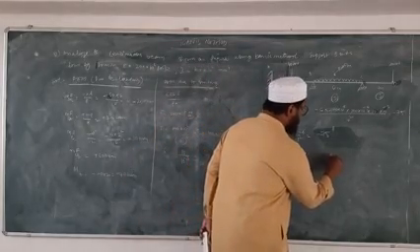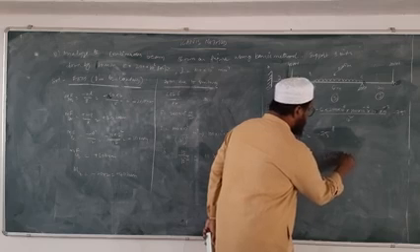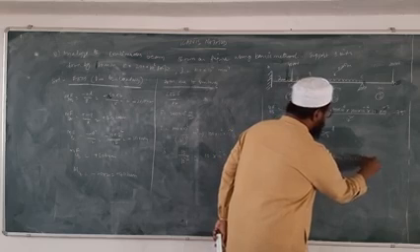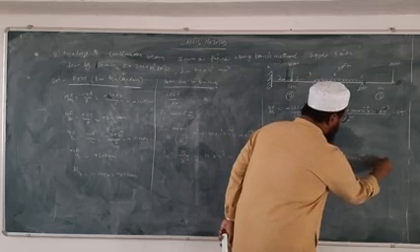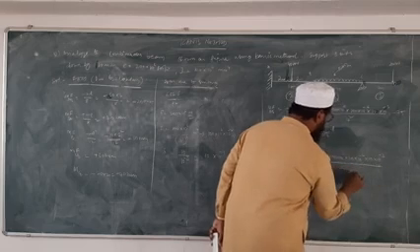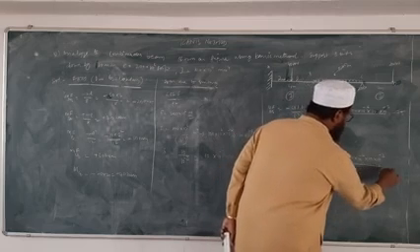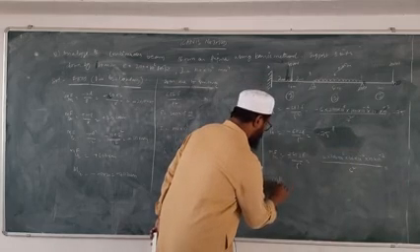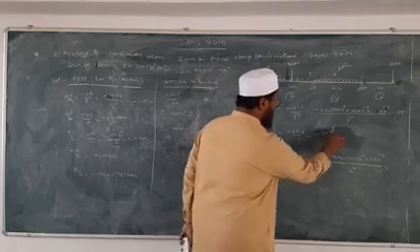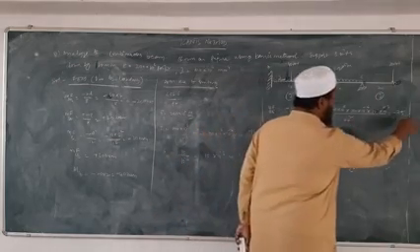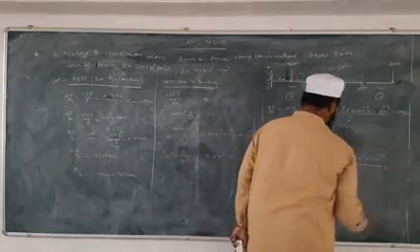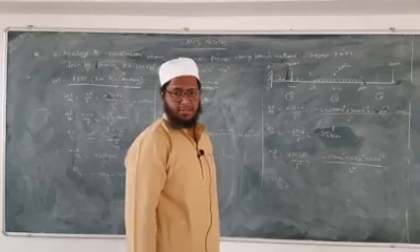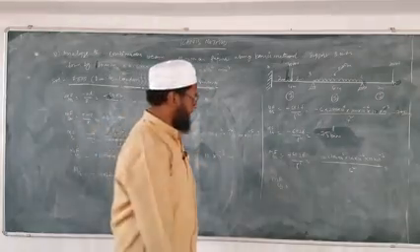So 6 into 200 into 10 power 6 into 100 into 10 power minus 6 into 10 into 10 power minus 3, whole divided by 6 square. How much? 33.33. Yes, is it correct? Two people should get the same answer.